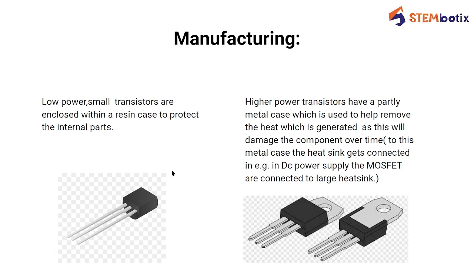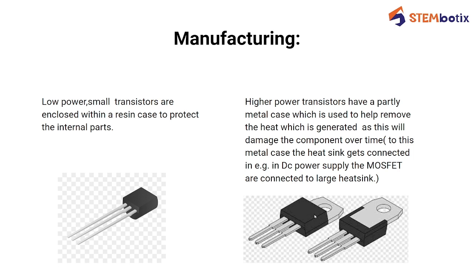But in case of higher power transistors, so when transistors are used in higher power circuits, they have a partly metal case. This is a metal case and this is a resin case.